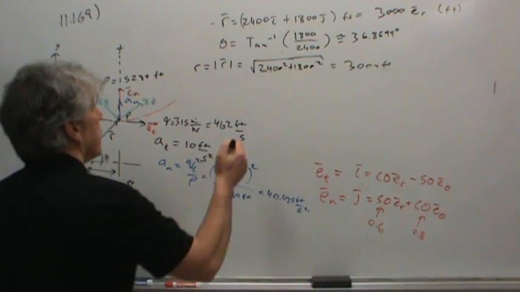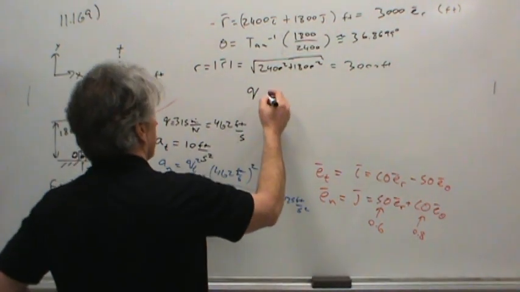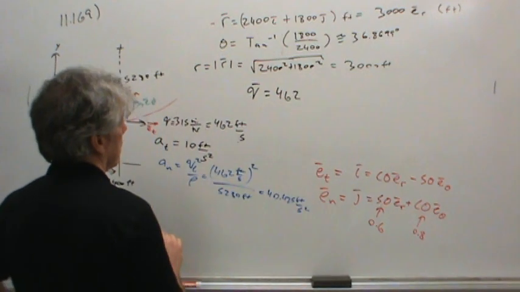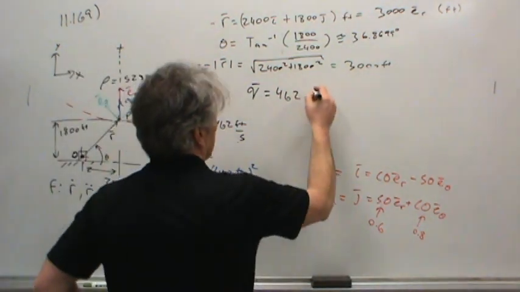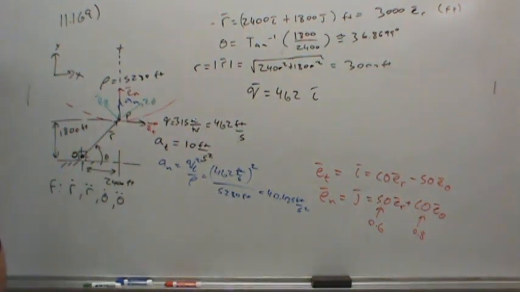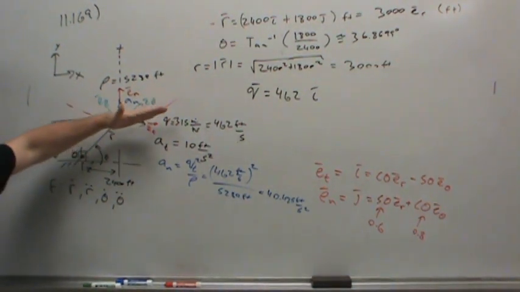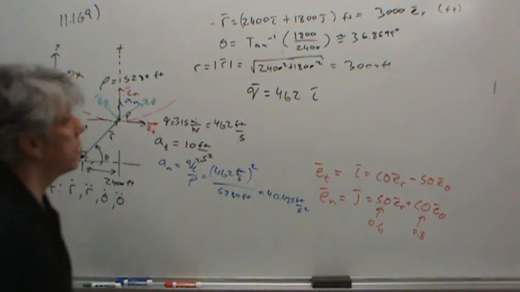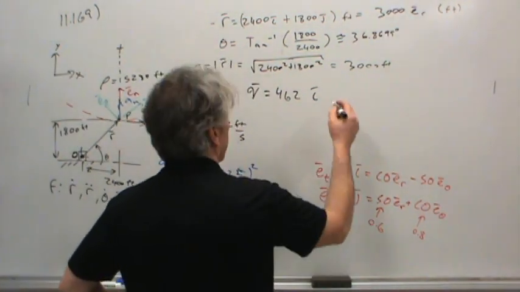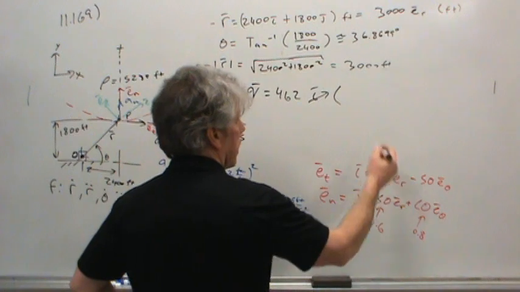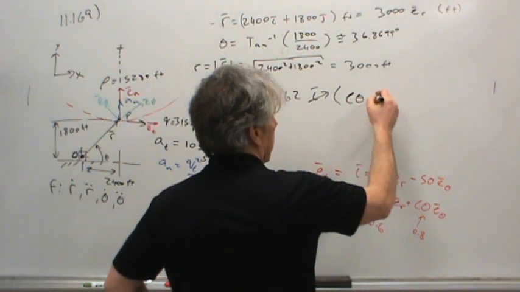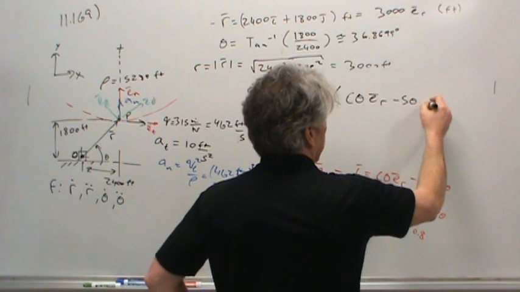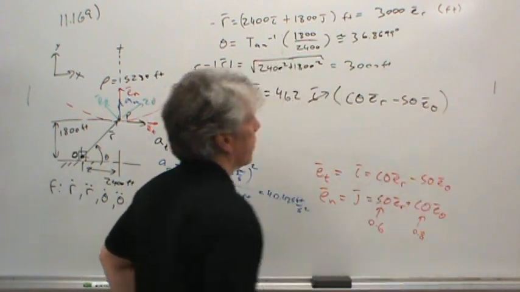So the velocity vector is pretty simple. It's 462 feet per second in the I direction, isn't it? Right now the plane's at the bottom of its arc, and so it's just got horizontal velocity. So this I could be represented as cos theta ER minus sine theta E theta.